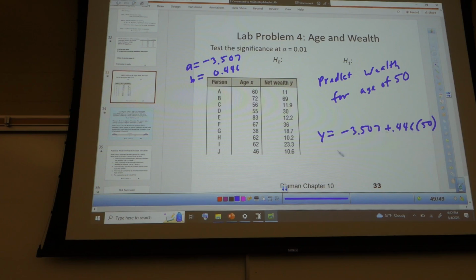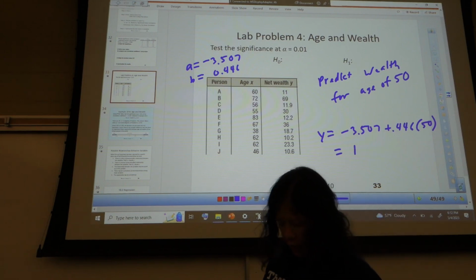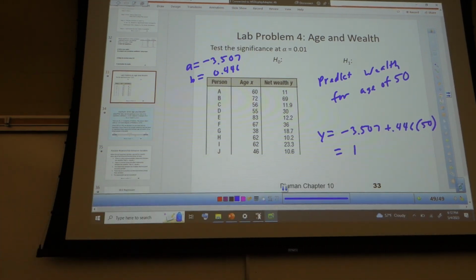Did anybody get 19.7? Let's see what we got here. Well, let's calculate it very quickly. 0.446 times 50 minus 3.507. Did anybody get 18.79? Is that what people got?